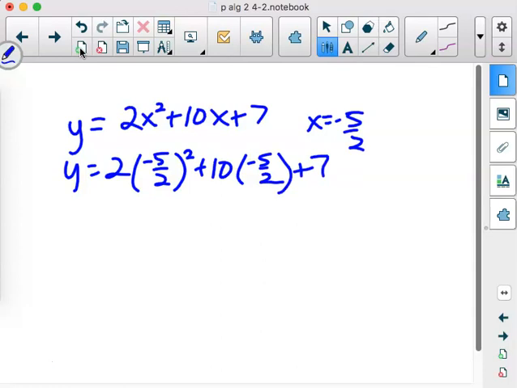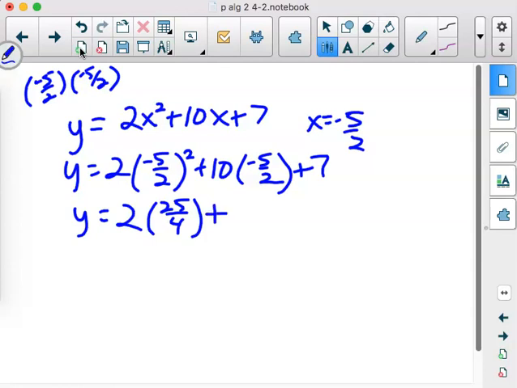And then I do the math following the order of operations to see what I get. So the first thing I have to do is deal with this exponent, this power. Negative 5 halves squared is just negative 5 halves times negative 5 halves. And with fractions, you always do top times top, bottom times bottom. So it'll be 2 times 25 fourths.